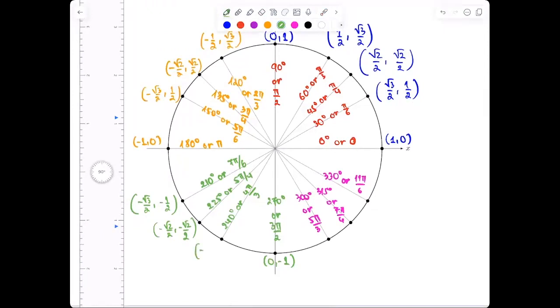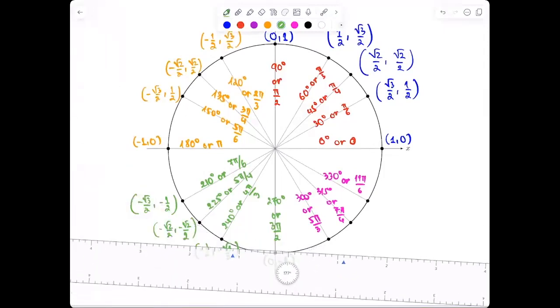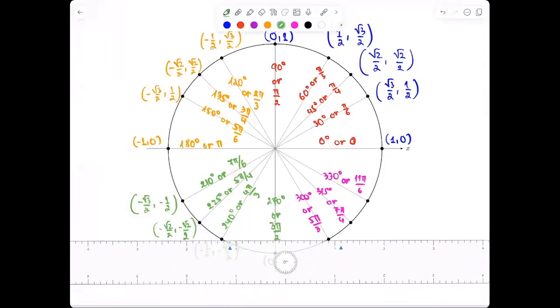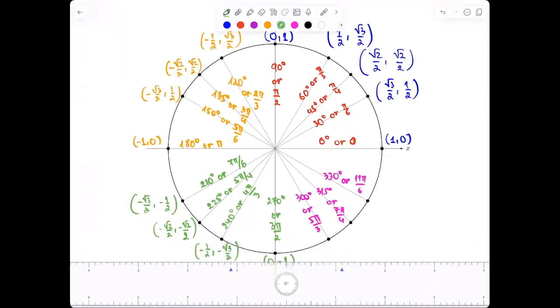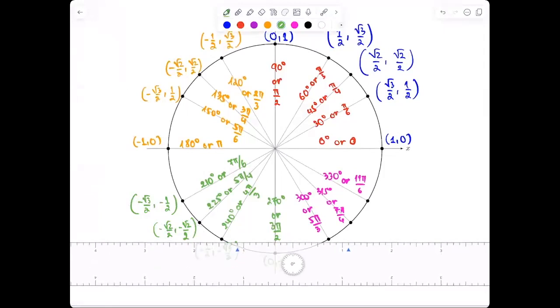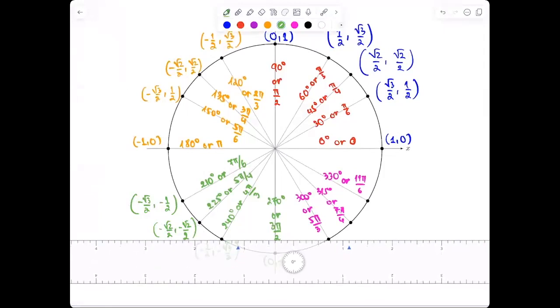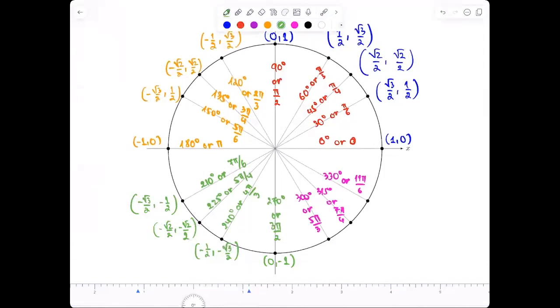So here is -1/2, -√3/2. So you got the point at 270 degrees already. Now for the point at 300, this corresponding to this point, right? But the y value is negative, x value is positive, right?